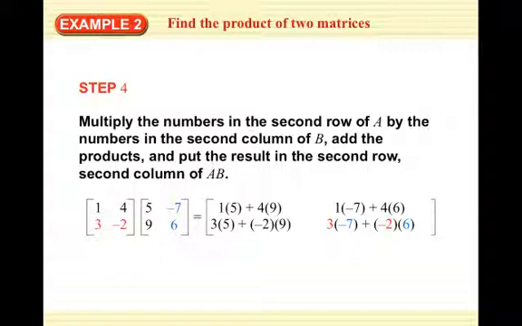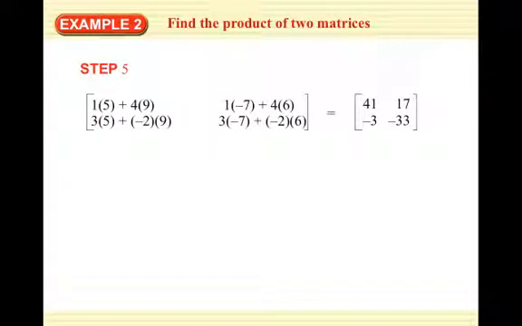Now we just need to simplify. Let's see. 1 times 5 is 5, plus 4 times 9, that's going to be 5 plus 36, and that gives us 41 in the first row, first column. In the first row, second column, we get negative 7 plus 24, which is 17. And now we're ready to move to the second row.